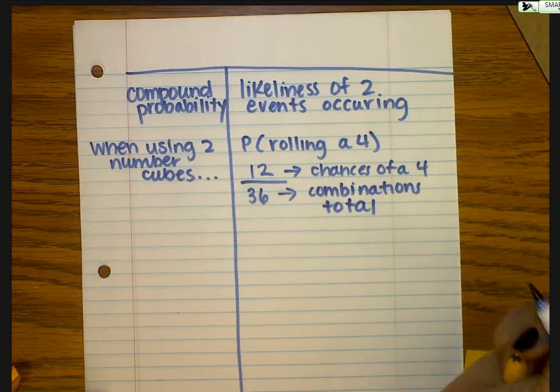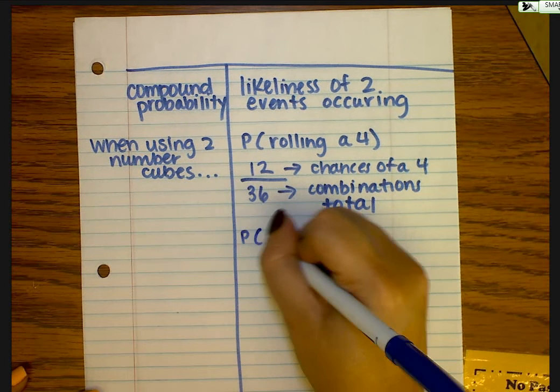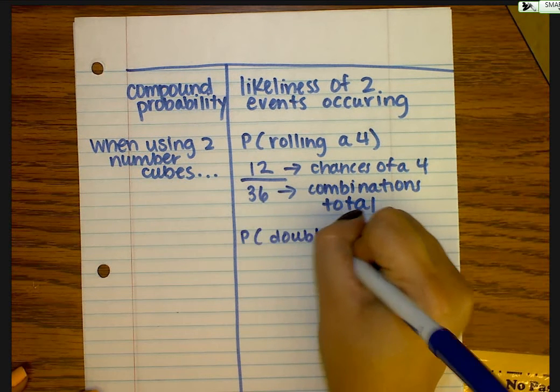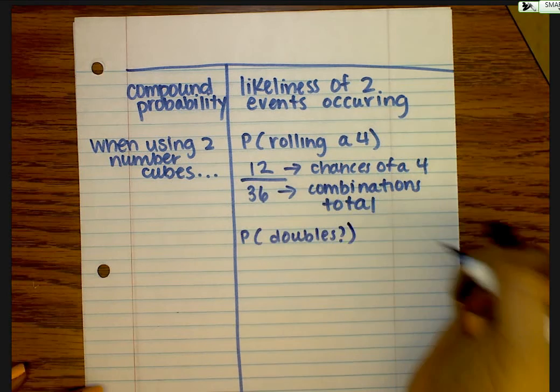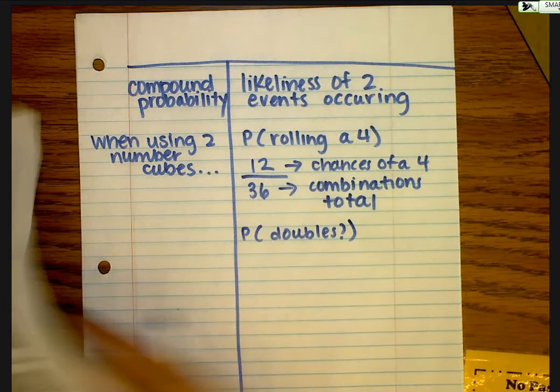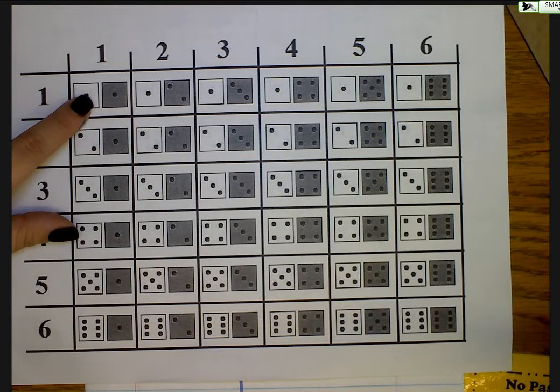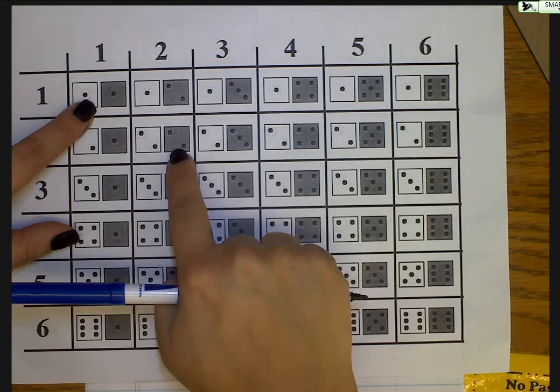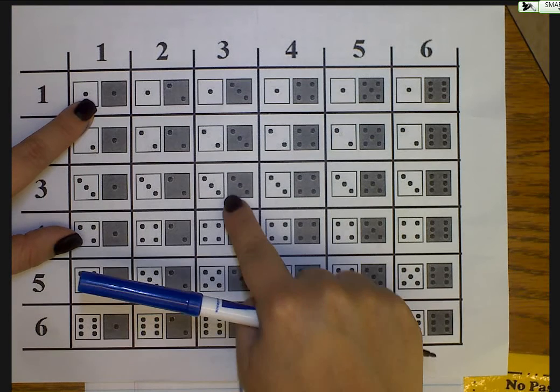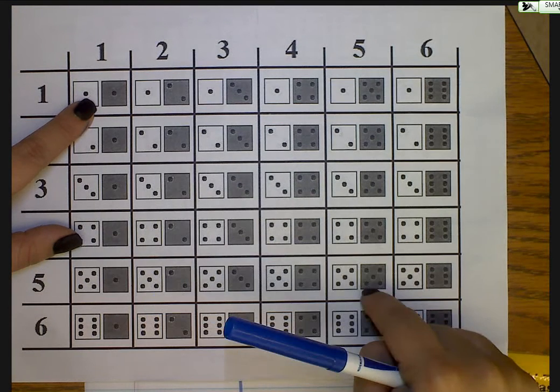What about if I asked you the probability of rolling doubles? First you have to know what doubles means. Doubles is when you have 2 of the same number that pop up. For example, you have a 1 and a 1, a 2 and a 2, a 3 and a 3, 4 and 4, 5 and 5, 6 and 6. Those are called doubles.